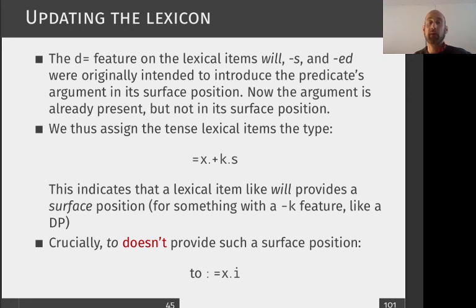Okay, and by tensor lexical items I also mean will, right? Sort of a future tense. Okay, some of them, like the suffixes s and ed, that first equals x is going to be a head moving equals x. Okay. Now, crucially, the infinitival to doesn't provide a surface position, and so it doesn't have a plus k feature, even though it selects an x. Okay.